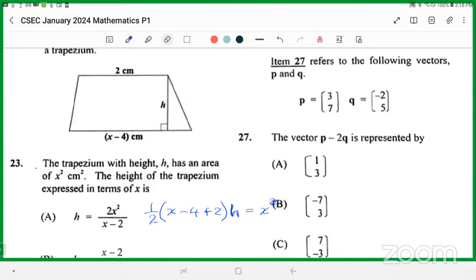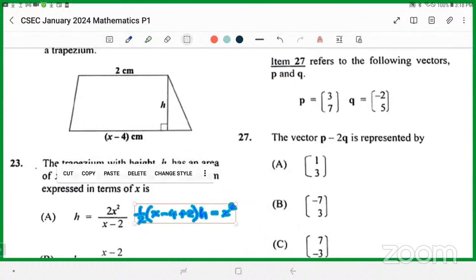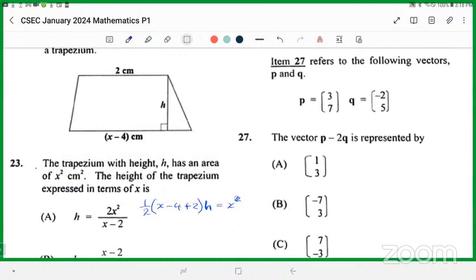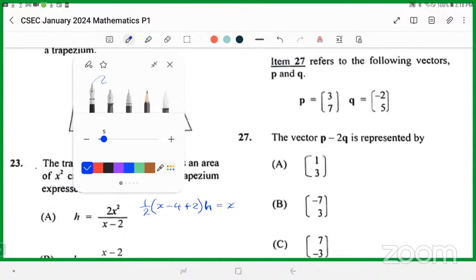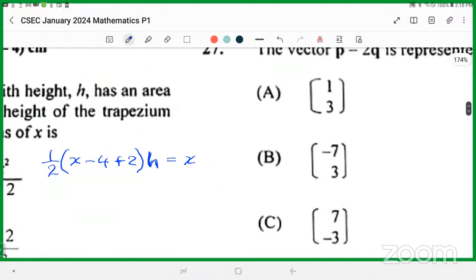Let me shift this over a bit. Make that smaller too. And zoom in. That's what they're basically telling us now. So this is the x squared.